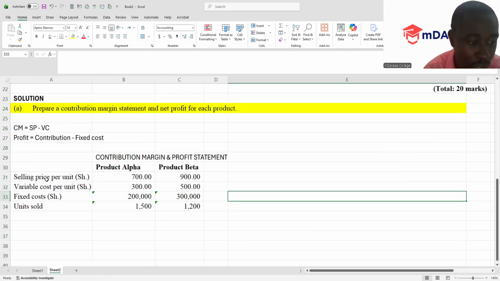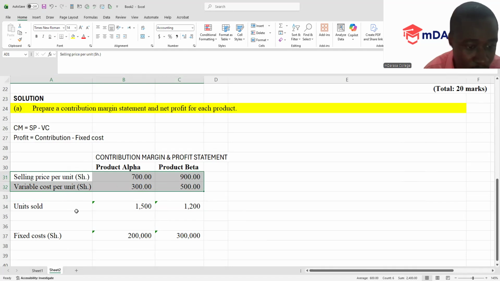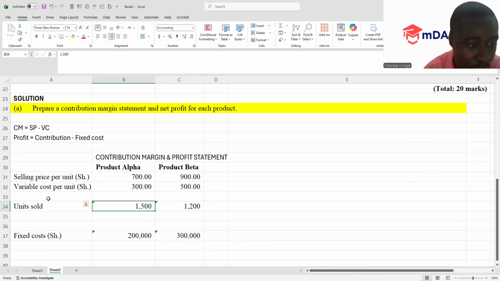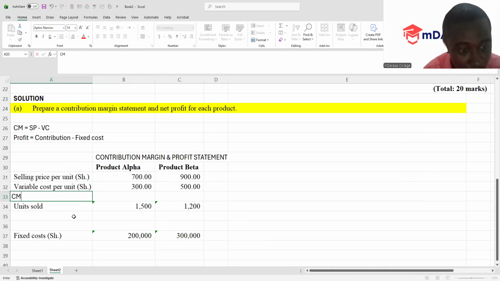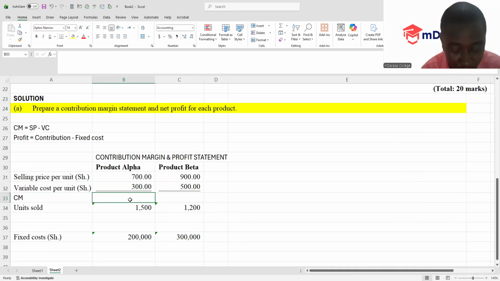Once we have this, all I'm going to do is take this item and have it below here. Units sold in this context, I can have it at that point. For our contribution margin, we have to take our selling price per unit minus variable cost per unit.